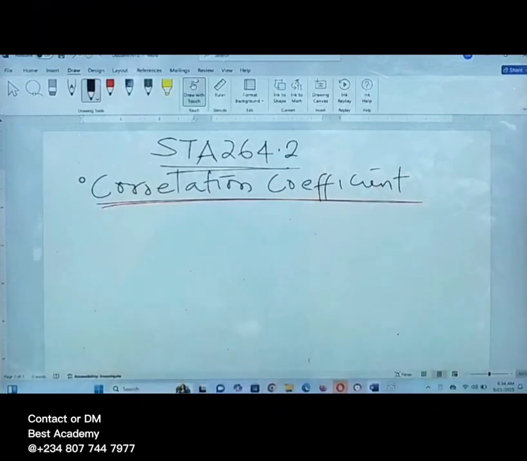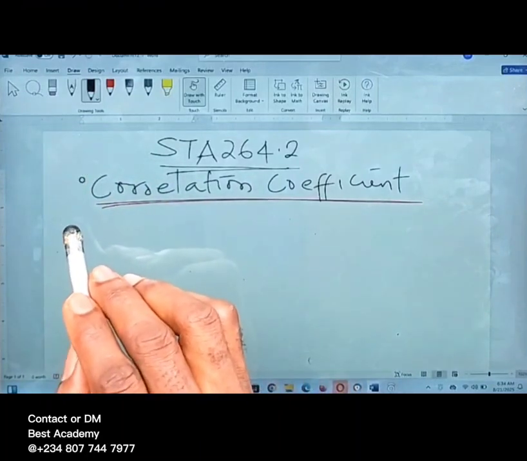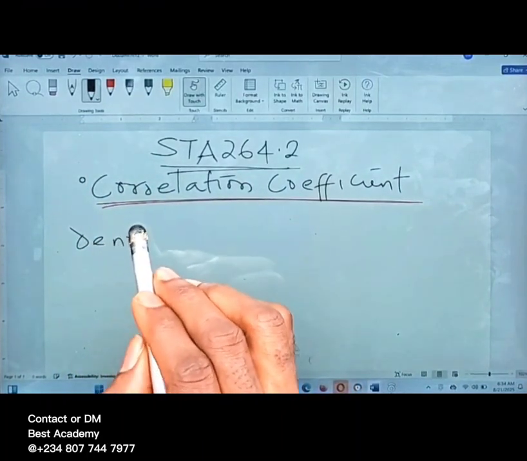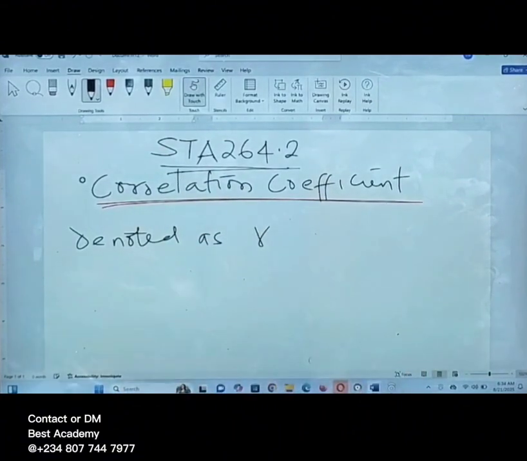So class, let's know how to denote correlation coefficient. Correlation coefficient can be denoted as r. Please take note, we use small letter r to denote correlation coefficient.